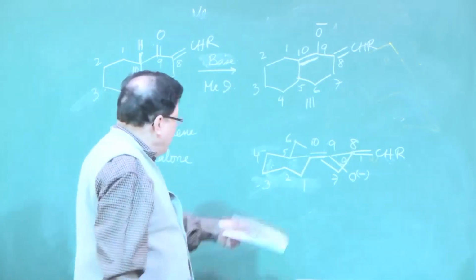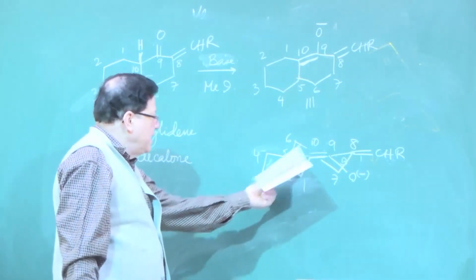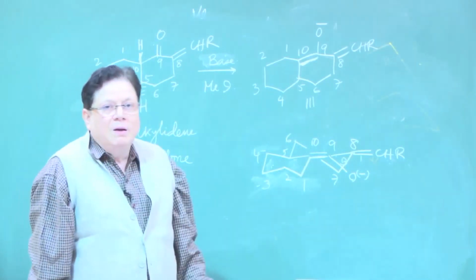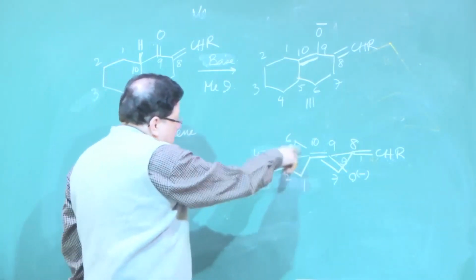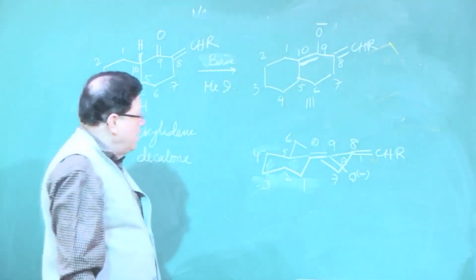Okay. So, 1 will start from here. This 10 is connected to 1 as well as 5, but since 5 is connected to 6, you have to do it in this opposite fashion.